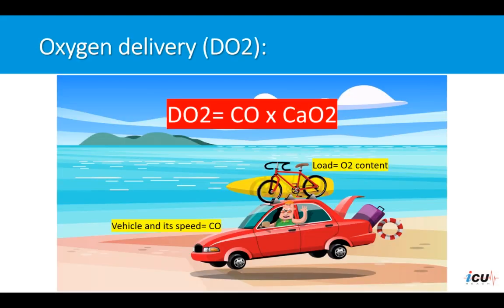And oxygen delivery is calculated with the formula of cardiac output multiplied by the arterial oxygen content. We can look at the cardiac output as the vehicle and its speed, and whatever load this vehicle carries would be the oxygen content.